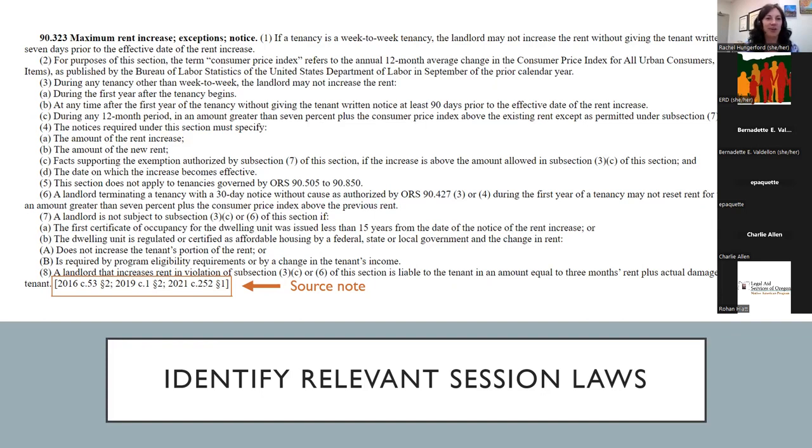So your first step, and I've used the rent increase statute as an example here. So hypothetically, let's say the thing that we're researching is with the rent, and this is going to be a situation where we know when this was amended, but you could pretend that we didn't. The rent increase caps that were passed in 2019, and we're curious about the exception for here 7B.